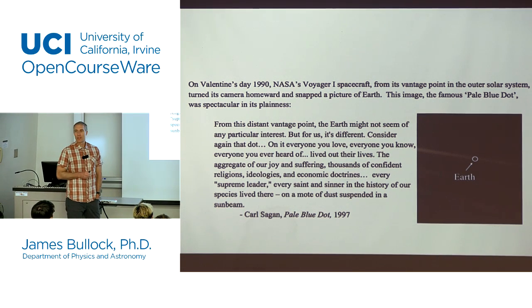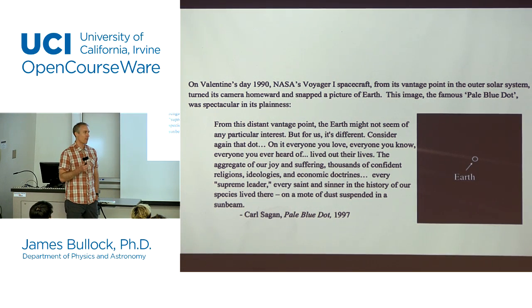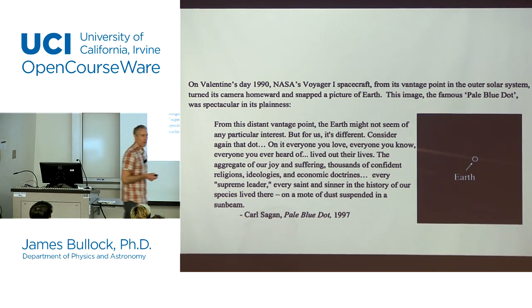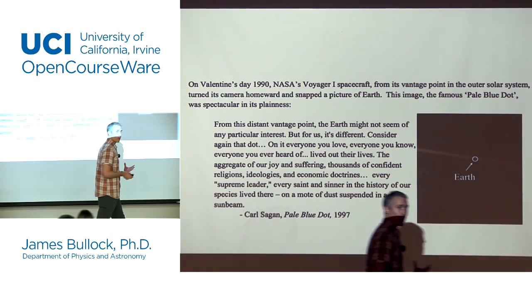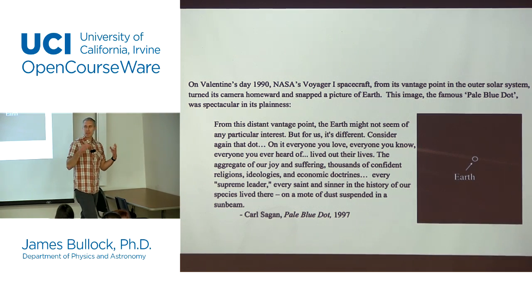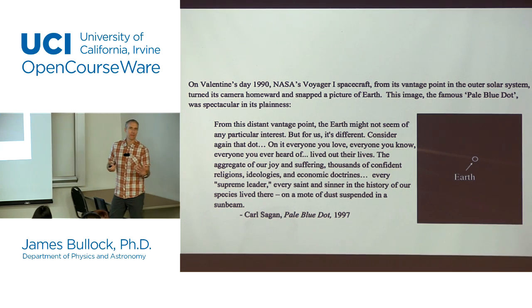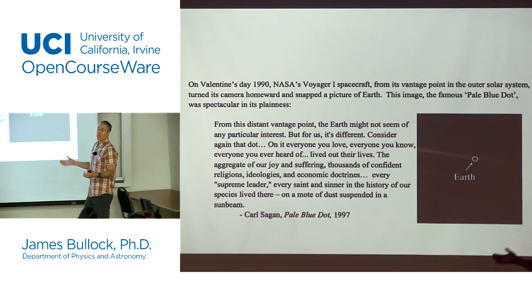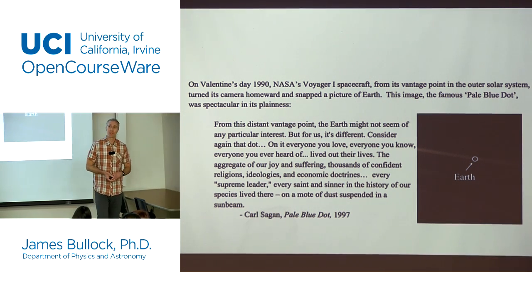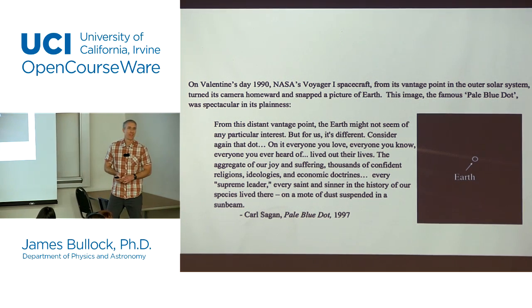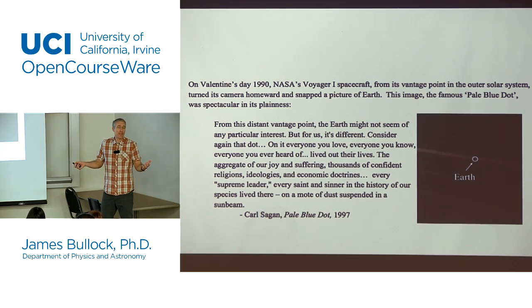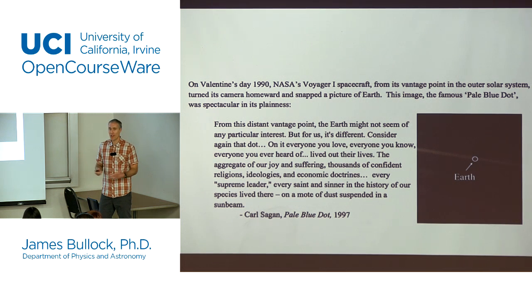The power in this image, right, is that sometimes we get very caught up in self-importance. Not just our own importance as individuals, but the importance of the trappings of what is around us. Like what's important and what's not, what it means to be the most popular person in the room, the richest person alive, the most powerful person alive, some kind of supreme leader, as he says.